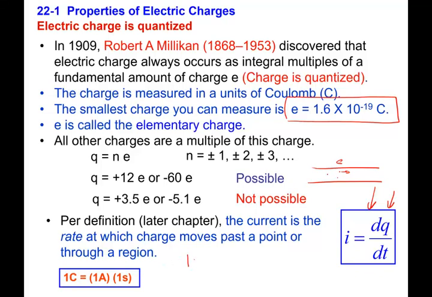The unit of current is 1 amp, and it is 1 coulomb per 1 second. That's why I decided to put the definition of the current, because it's difficult to understand the coulomb without the amperes. So 1 ampere is equal to 1 coulomb per second.